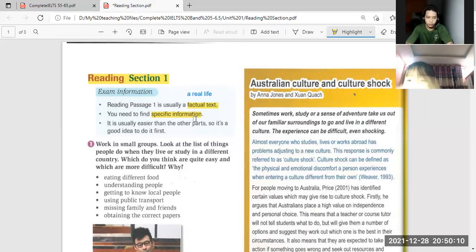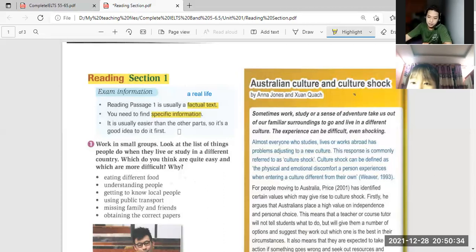For example, I have 3 questions. Among these 3 questions, there is one specific question. Specific means the important one. Do you know important? Yes. Okay, specific means the important one.